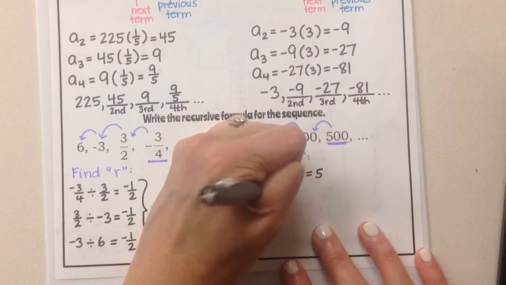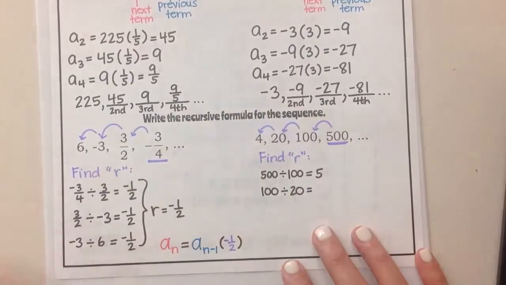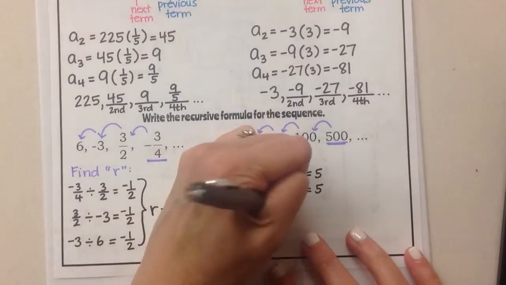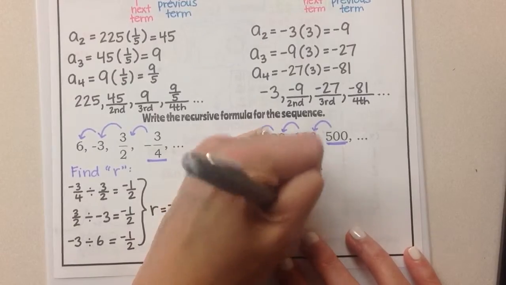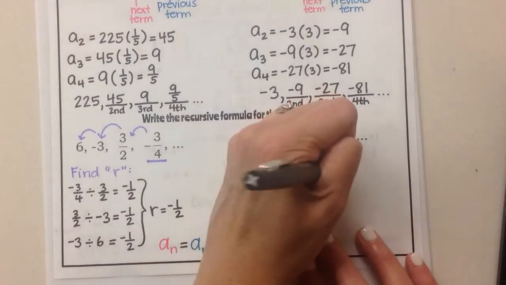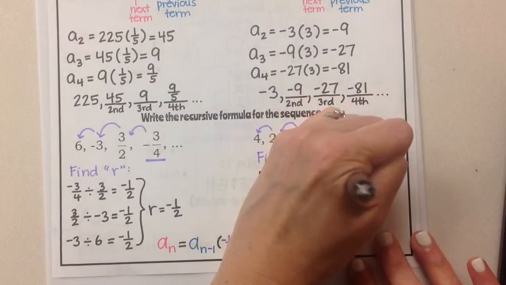And then I'm going to take 100 and divide it by 20, and 100 divided by 20 is also 5. And I've got to check the final ratio, so now I'm going to take 20 and divide it by 4, and that is equal to 5. So my common ratio for this sequence is 5.